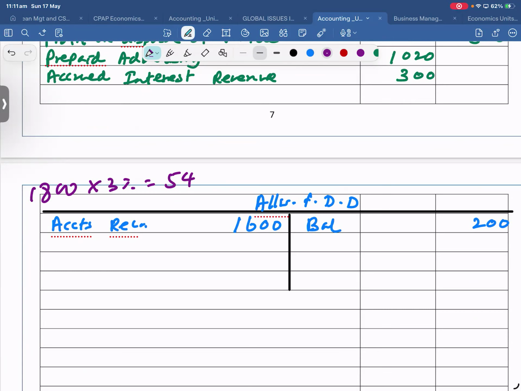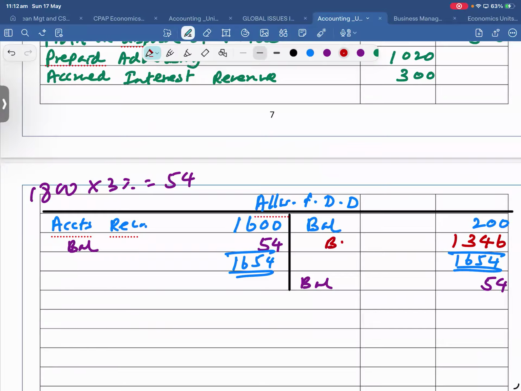Then what happens is we are going to update that balance. That's the closing balance. And opening balance is also 54. Then we get the total here. 1654, 1654. And as a result, we are getting a difference of 1346. It's going to be the bad debts.